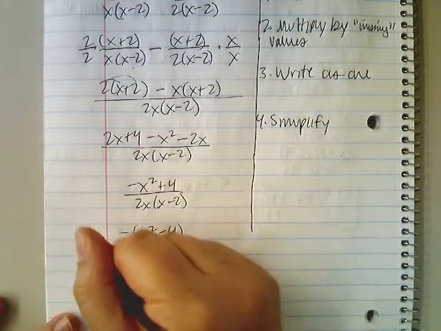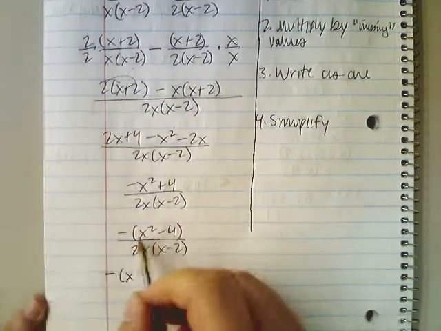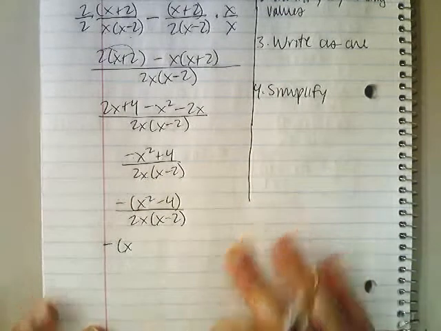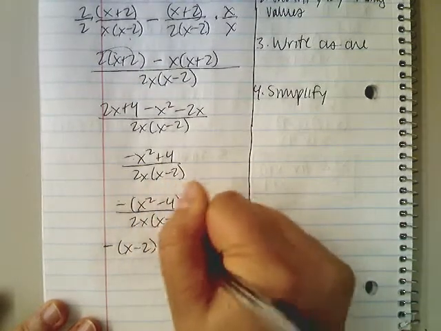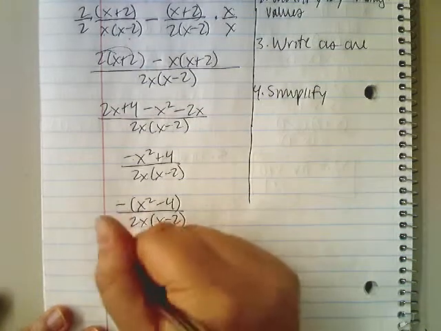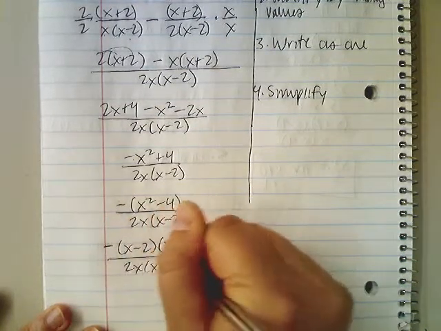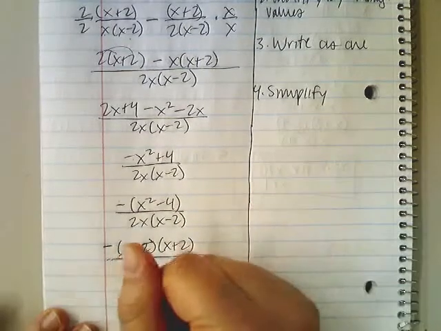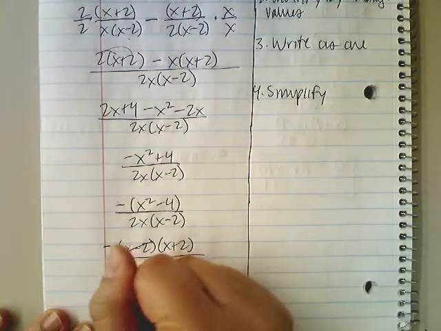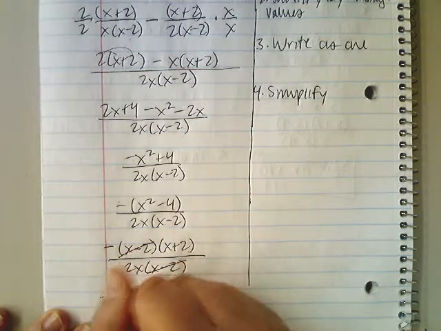And now I recognize that it's the difference of squares. So 4 and x squared are both perfect squares, so it becomes x minus 2, x plus 2, because it factors to the conjugates, over 2x times x minus 2. The x minus 2's can cancel, and I'm left with negative x plus 2 over 2x.